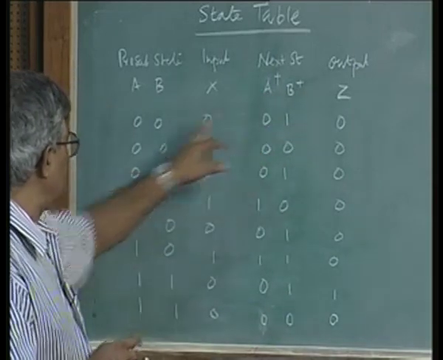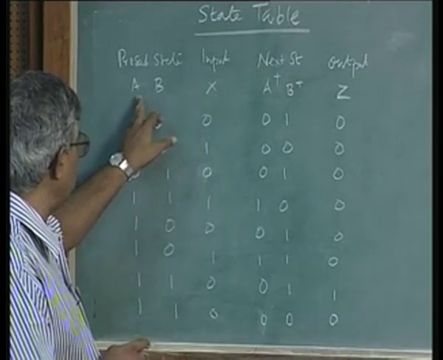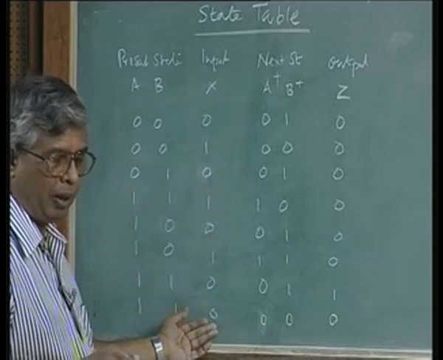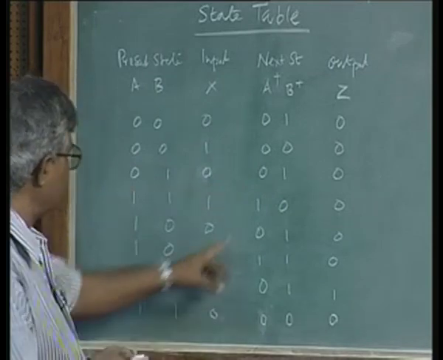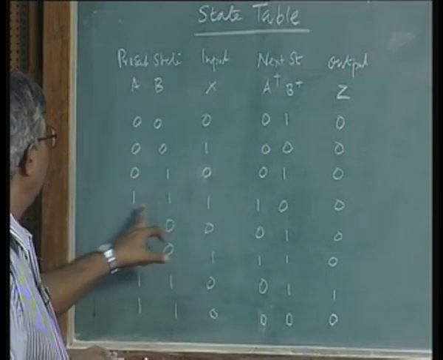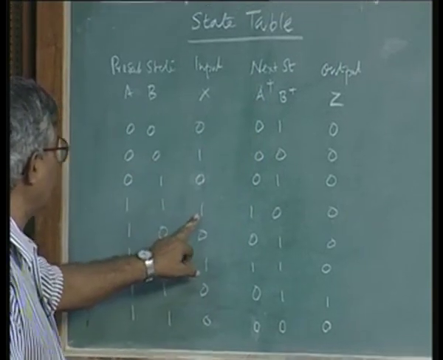Now, A plus is a combinational logic output, with A, B, X as the three inputs. You can do a Karnaugh map or whatever you want, or just by inspection you can write that A plus is 1 when A, B, X are all 1.